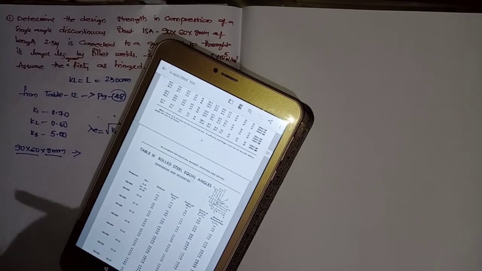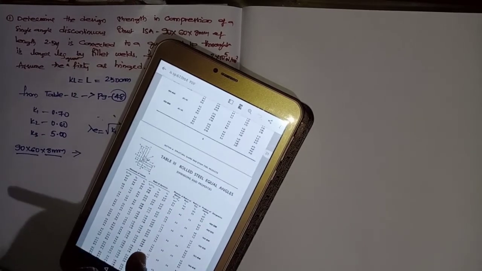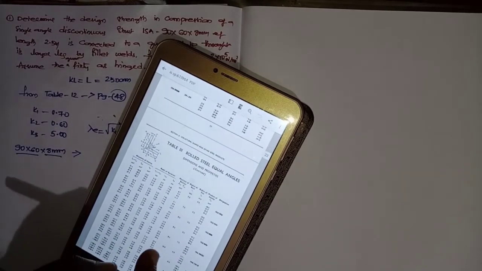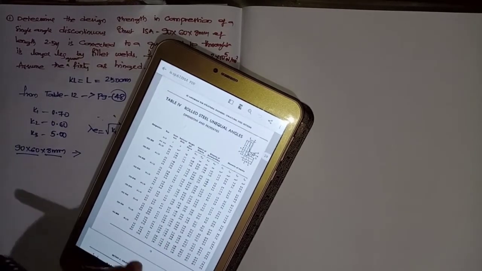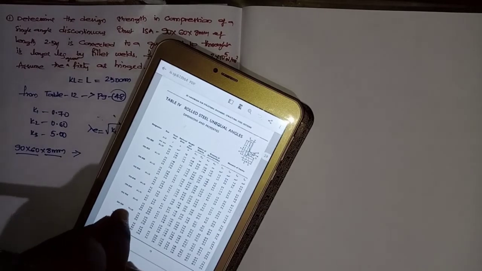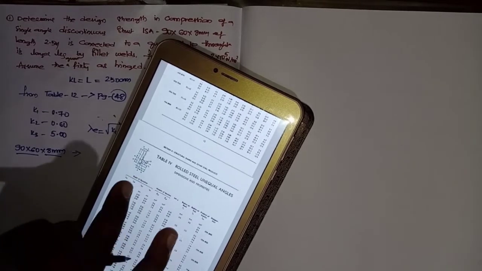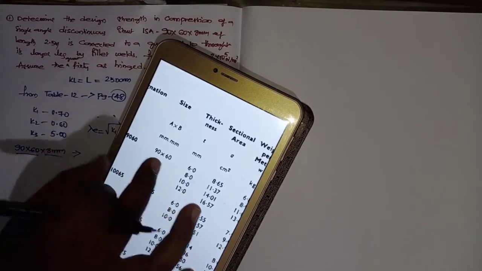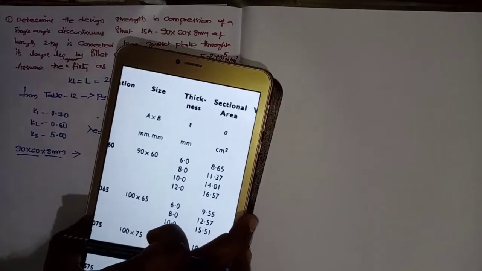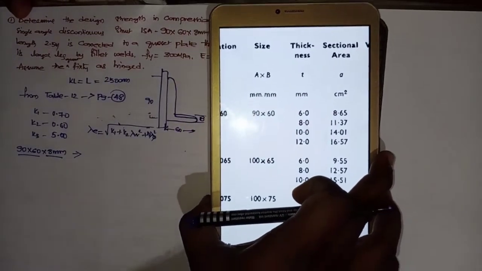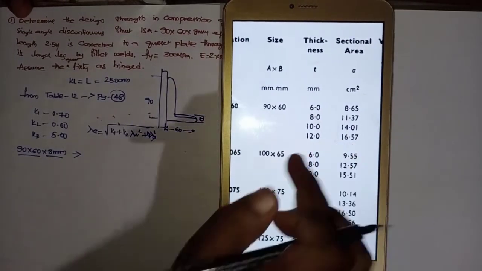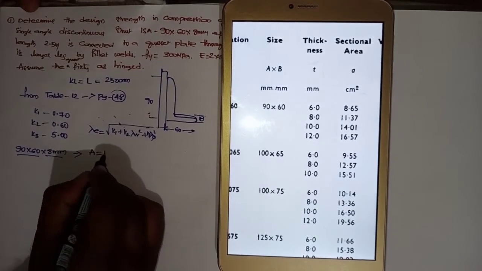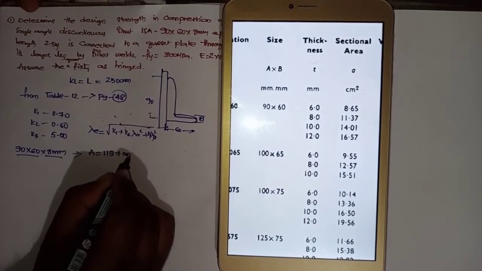Equal angle or unequal angle? We require unequal angle. What is the size? 90 by 60 by 8 mm. Now what is the area for 90 by 60 by 8 mm? Area equals 1137 mm square.